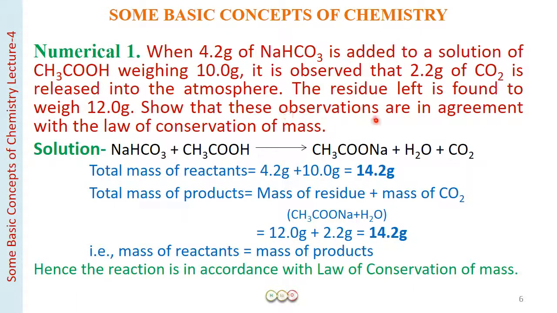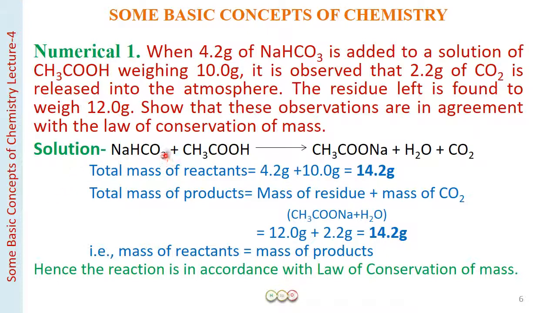Show that these observations are in agreement with the law of conservation of mass. We have the reactants, sodium bicarbonate and acetic acid, and we calculate the total mass of the reactants. Then we see carbon dioxide and a residue on the product side, and we add the mass of the products and see whether they are equal.